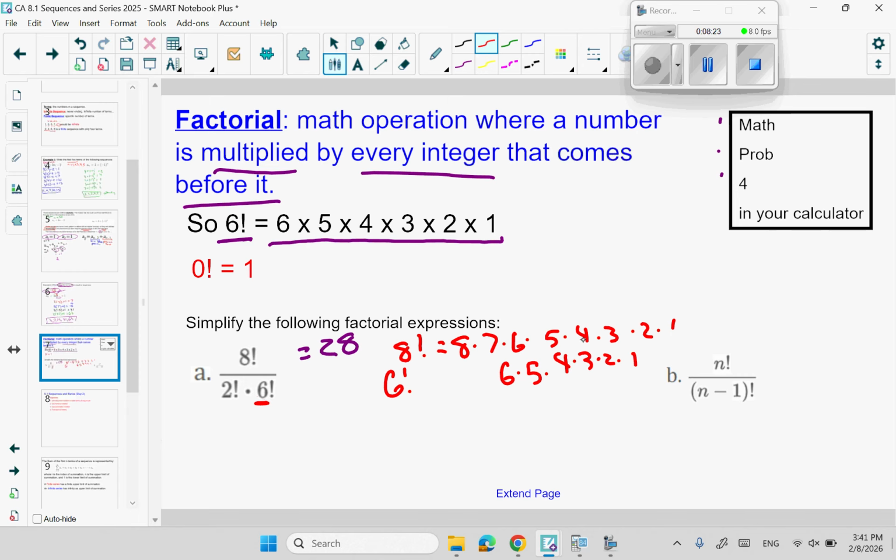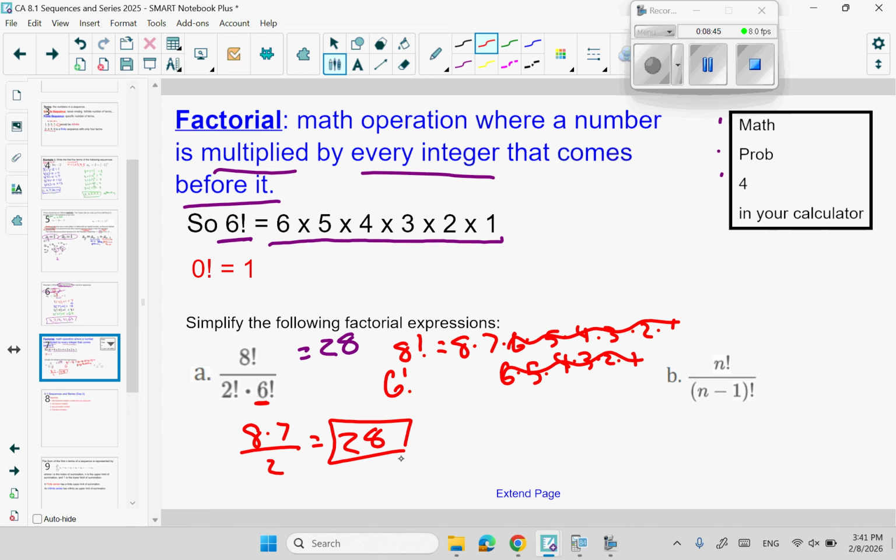Well, what you notice is these actually all simplify out. So this whole thing can be broken down into 8 times 7 up top over 2 times 1, or just 2. 8 times 7 is 56. 56 divided by 2 is 28.